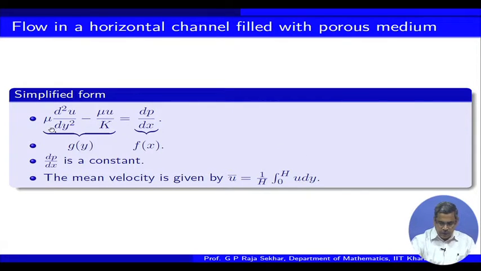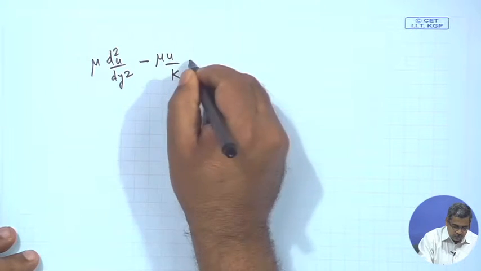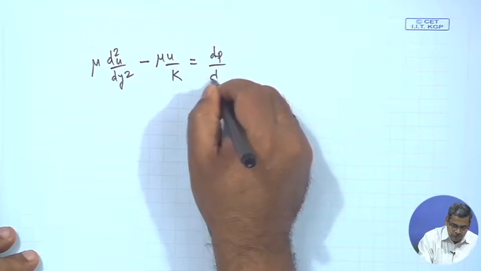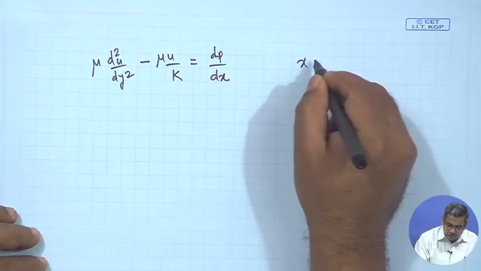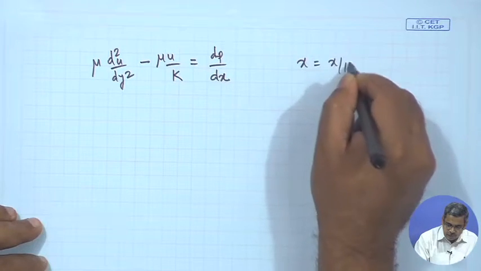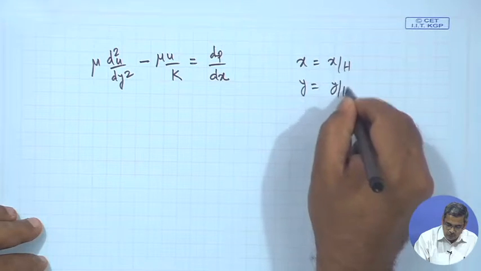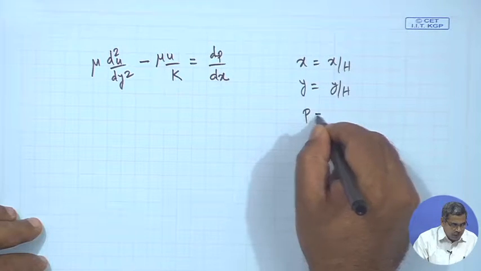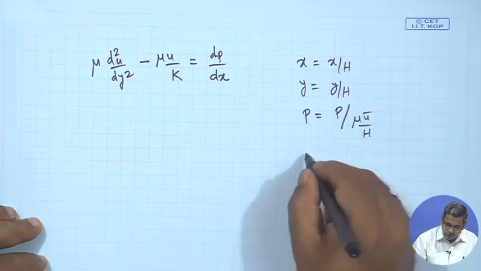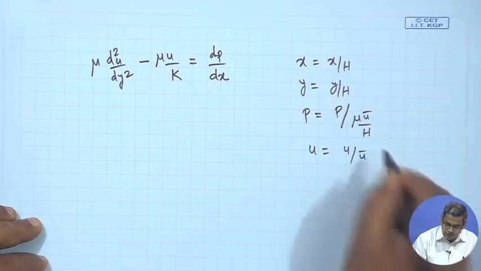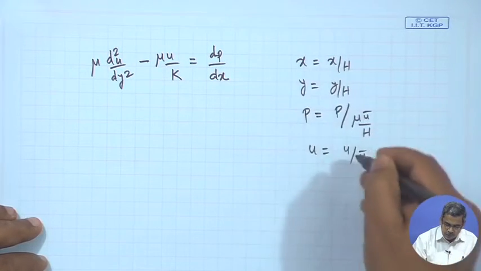So, let us consider the governing equation, which is μ d²u/dy² equals dp/dx, and we have the non-dimensionalization given by x is x by h, y is y by h, and p is p by μu/h. Of course, u is u by u bar. I am not using primes, it is just indicative.